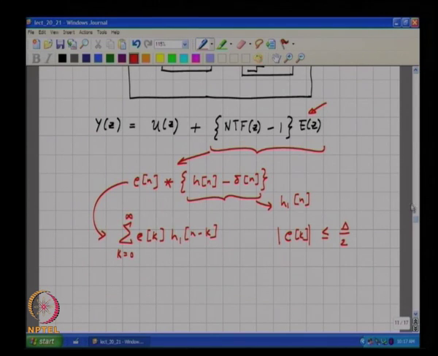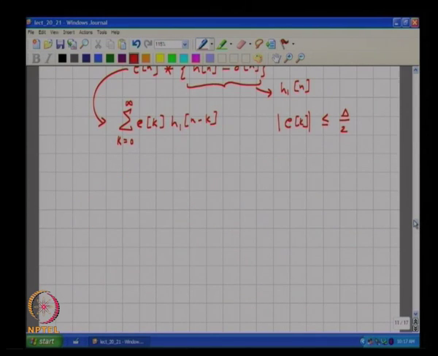So, if this is the noise process riding over the input, it must follow that this must be less than or equal to the sum over k equal to 0 to infinity of delta by 2 times modulus of h1 of n minus k, correct.